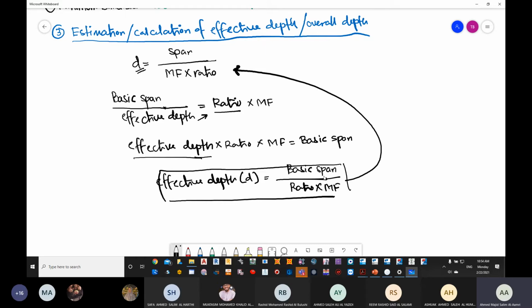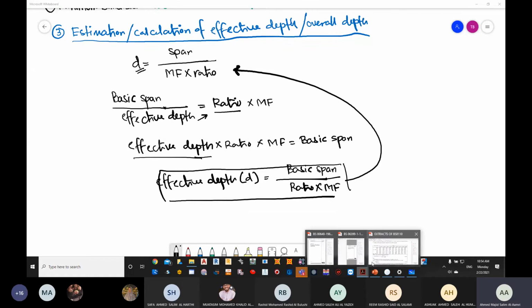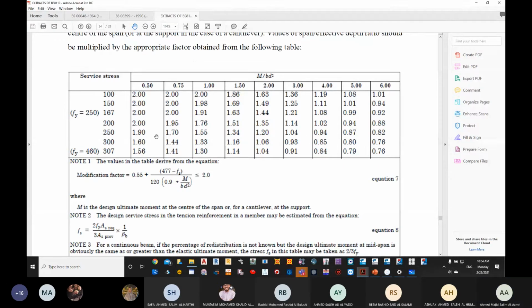So how to estimate the modification factor? You used to take the modification factor as 1.3 or 1.4, right? And from where did we get these values? If you look at this particular table, we have different fy, or service stress, let's say fs.